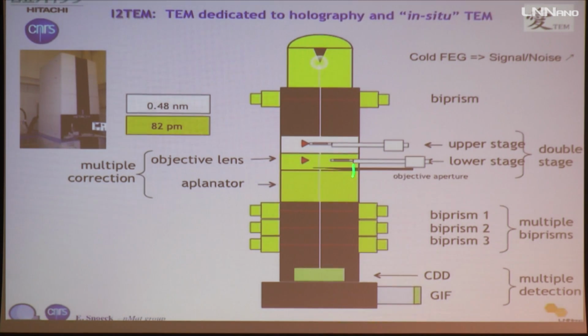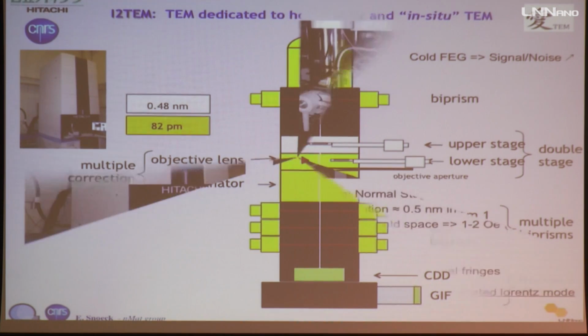So we are in a field-free region, okay, with an objective and a corrector. So with this system, we get 5 angstrom resolution on a material which is not embedded in the magnetic field of any objective. And I guess it's the best. Or maybe the Hitachi in the Tonomura project is better, but not so far.